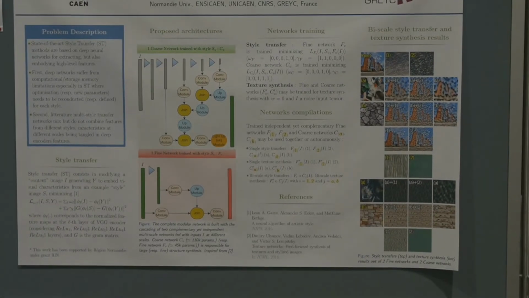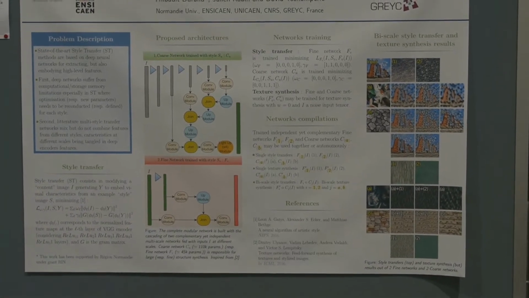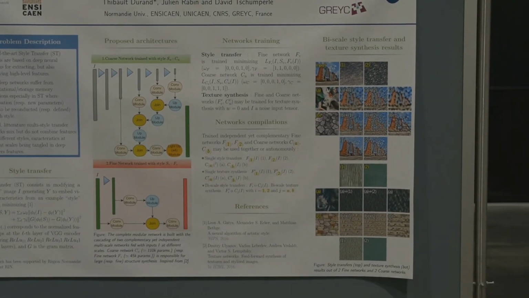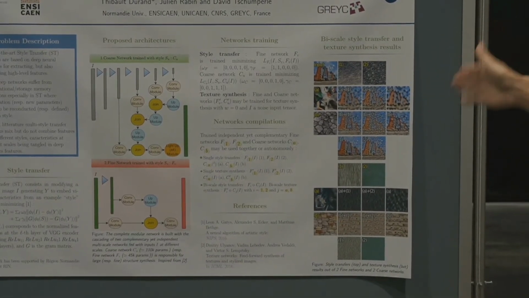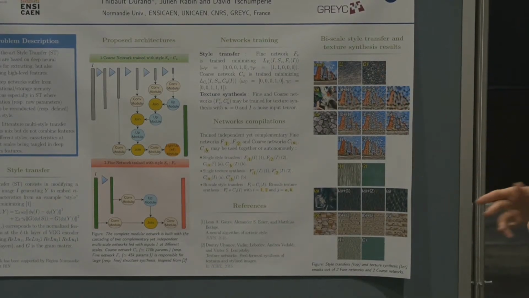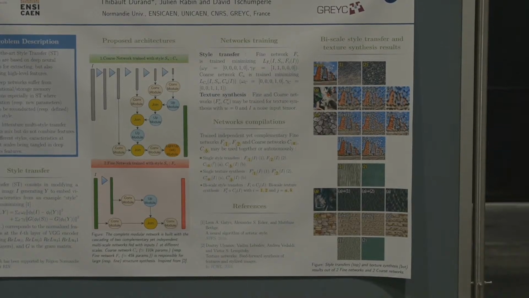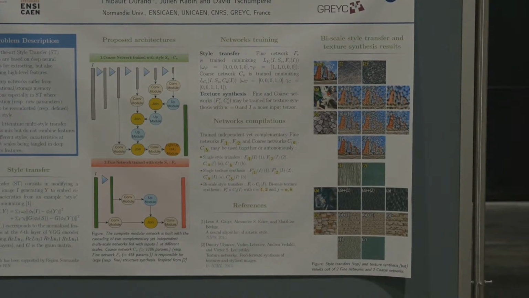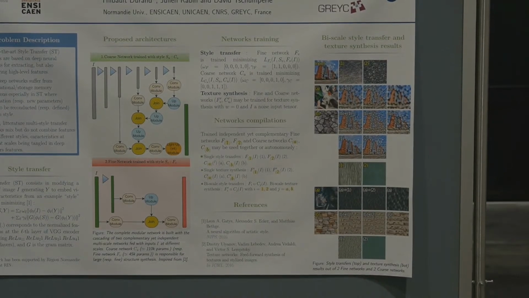It means that we use fine networks for transferring the fine textures of an image and coarse networks for transferring the coarse structures of an image into a content image. And the fact is that we train those networks independently, but use them and combine them as we want during the evaluation.